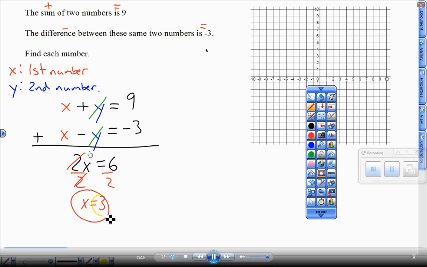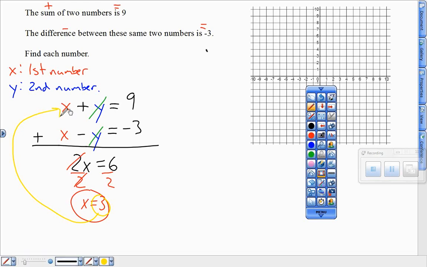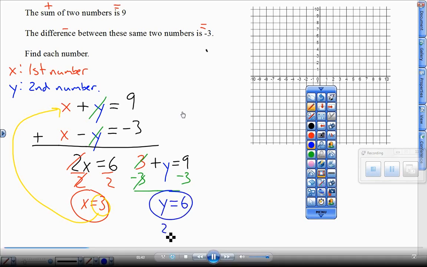Take that 3, plug it into one of my equations for x to solve for y. So that would be 3 plus y equals 9. To solve for y, just take away 3 on both sides, and that gives me y equals 6, which makes sense. With y is 6, the second number, and x is 3, the first number.